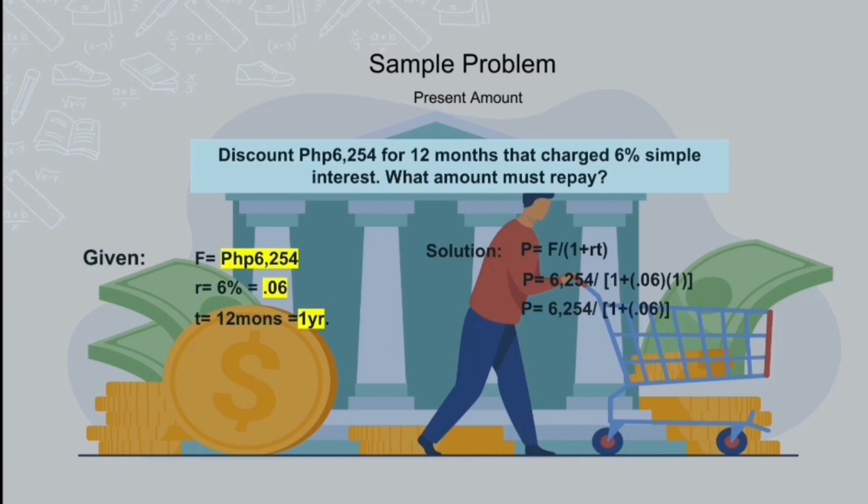Let us perform first inside the bracket, which is just the same as earlier. For the final step, let us divide the 6,254 by 1.06. So we will get the present value, which is 5,900 pesos. That's just the same as the solution earlier in our final amount. So there you can see that our solution is correct.